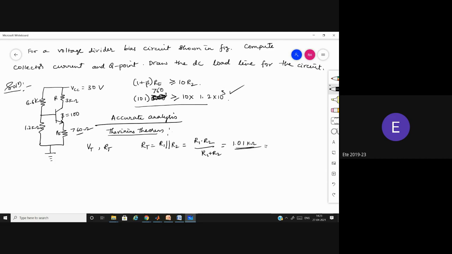Next, VT. To find the Thevenin voltage, we are going to use the voltage divider formula: VCC into R2 divided by R1 plus R2.